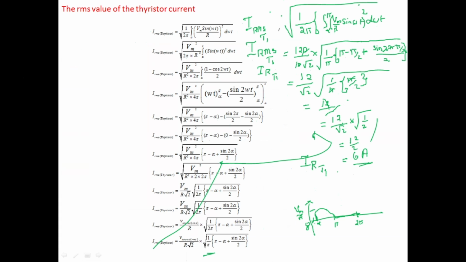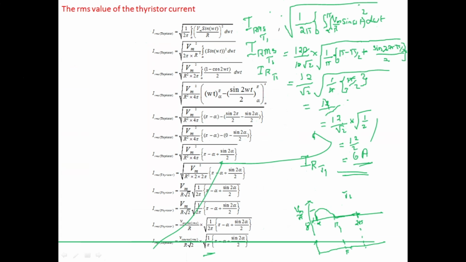Correct. We can see here, if you plot this as an RMS, this is the current waveform which is flowing through thyristor T1. If I plot another waveform here for thyristor T2, the only difference is that it conducts at pi plus alpha.